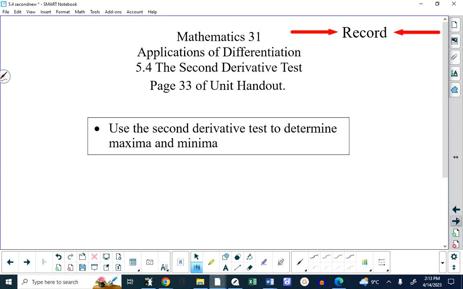Now, don't get me wrong. If you're going to use the second derivative test to do something, you need to know the second derivative, which means you have to find the first derivative to get to the second derivative. But it just turns out that sometimes it's a lot easier to find max mins with the second derivative test rather than using a first derivative table.